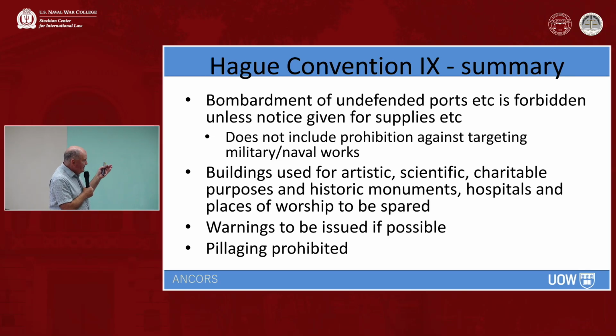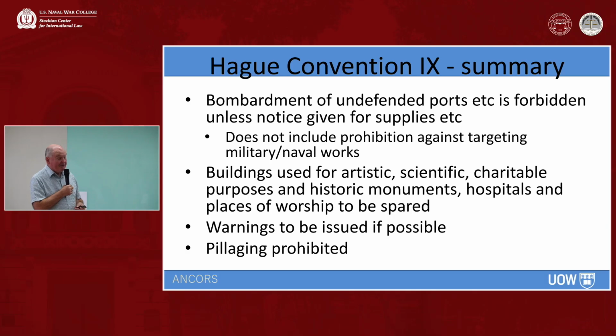So the main points of Hague 9 are these: give notice. There's nothing wrong with targeting military works in such a location. Civilian objects, civilian premises are not supposed to be the object of the attack.